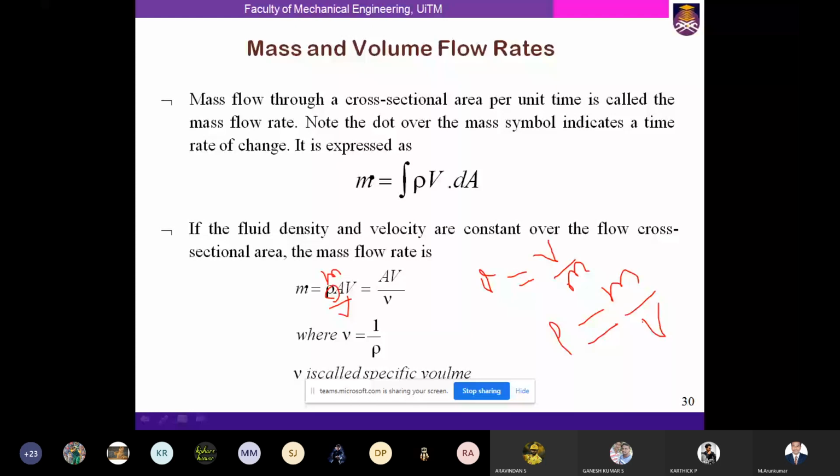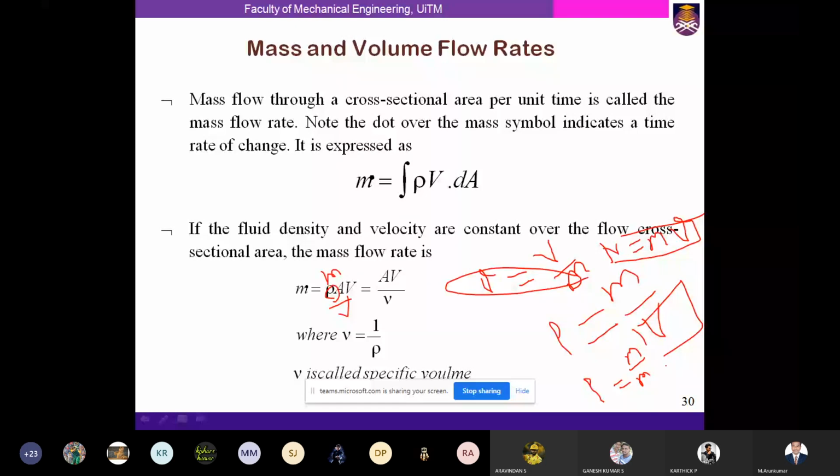Volume will be equal to mass into specific volume. So we can substitute this here. Rho can be equal to mass divided by mass into specific volume.